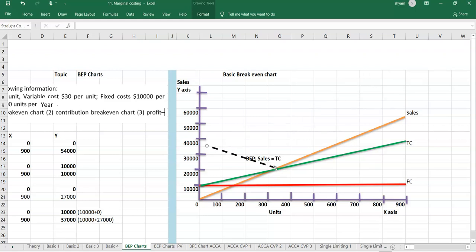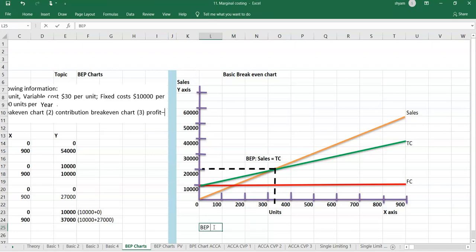One is BEP in units. BEP in units is this point, right? And BEP in amount will be this point. So let's correctly get it. Okay, hopefully it is correct. Okay, it's correct. So let's see what that is.